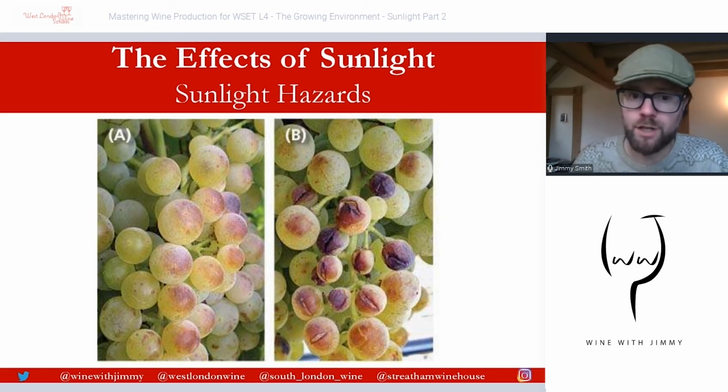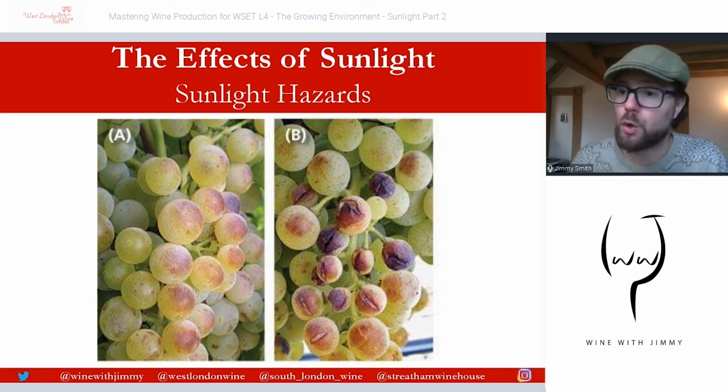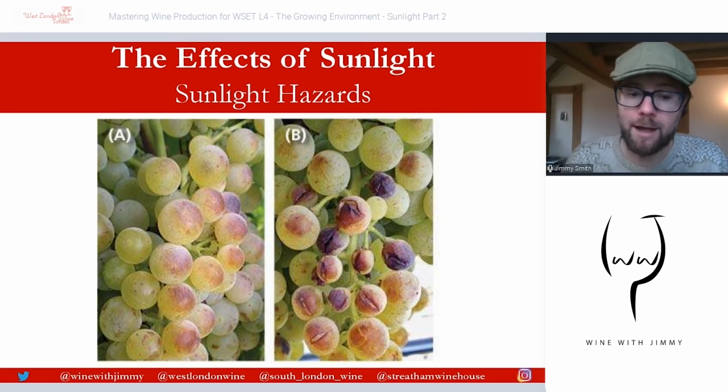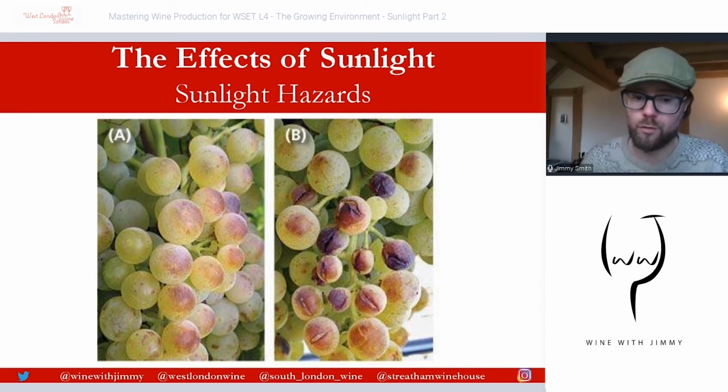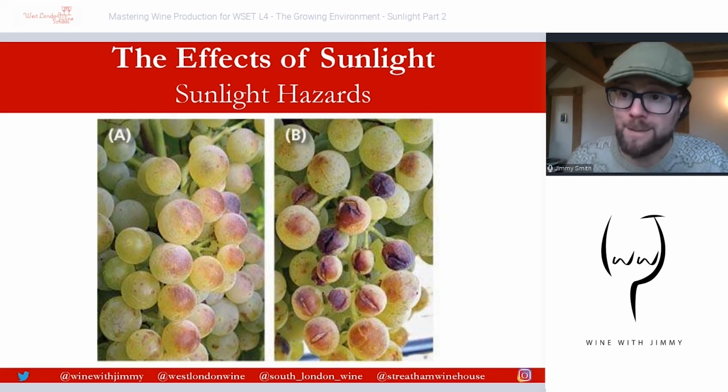Prolonged periods of sunshine and hot temperatures, of course, can lead to sunburn on sun-exposed grapes, which will have a potential for negative effects on both yield and quality of the grapes. Grape transpiration is much more limited and therefore less effective than leaf transpiration.